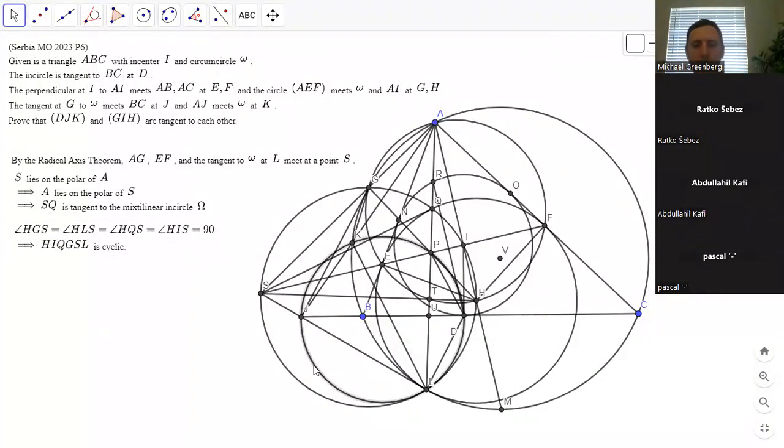And then we need to show this is cyclic, but once we show it's cyclic, then I think I could solve the problem. Actually, now I'm not so sure I can.